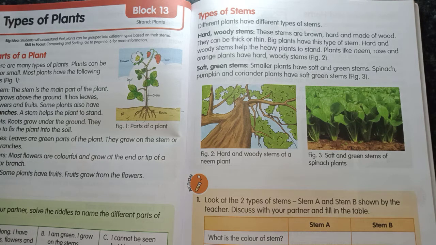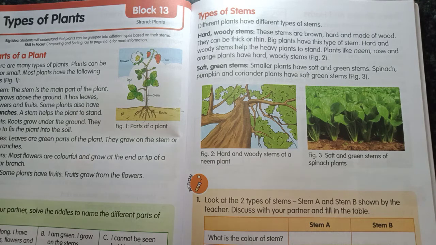They must have all the strength to hold the big plant with big branches growing from the stems, and leaves, fruits and all. They have to hold all this together, and they must be strong enough to hold all these different parts of plants, because they are very big. That's why they have hard and strong brown stems, woody stems. They are known as woody stems.